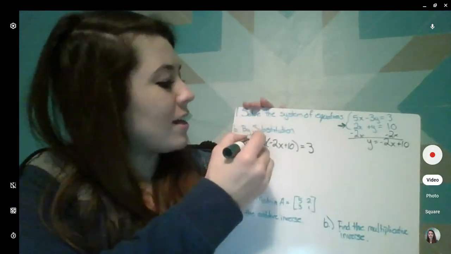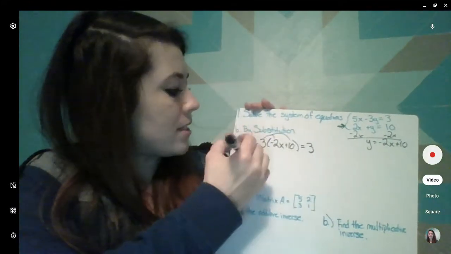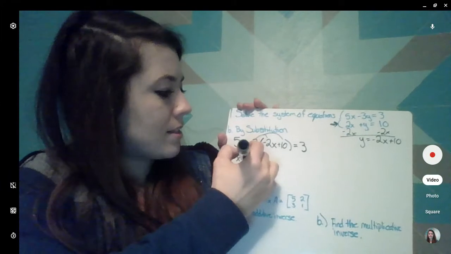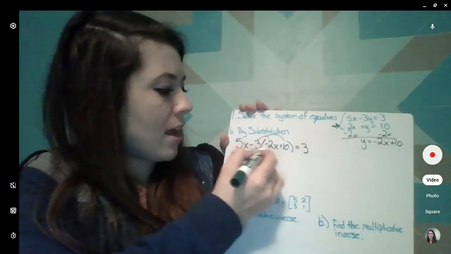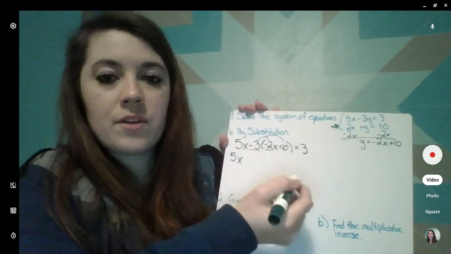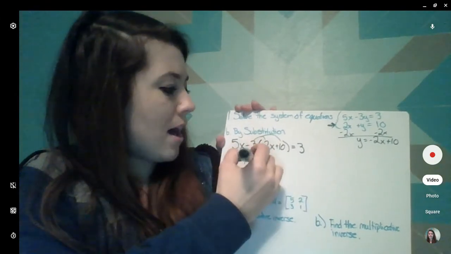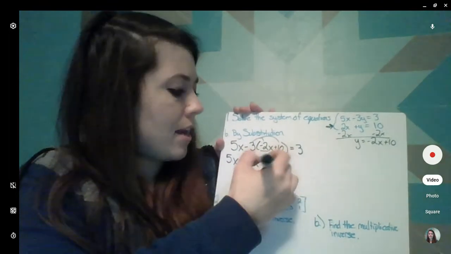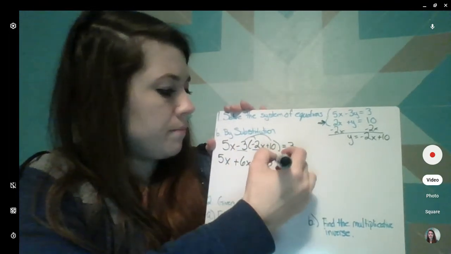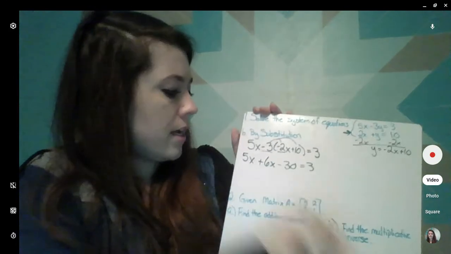Okay, so we're going to distribute the 3 to both of these things. So we've got 5x minus, not minus, because we have negative 3 times negative 2, so negative 3 times negative 2 is a positive 6x, and negative 3 times positive 10 gives us a negative 30 equals 3.